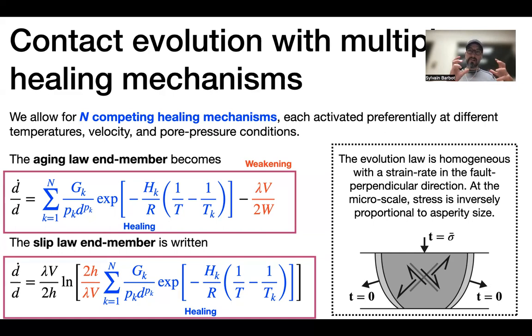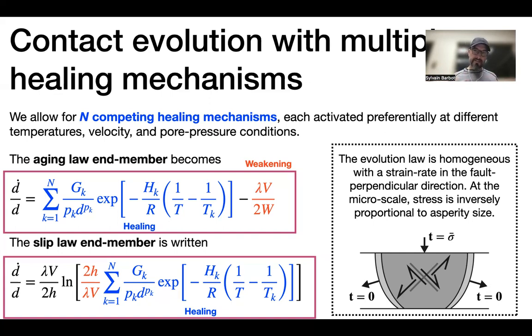So you have a strain rate that depends on the size of the asperity because size controls stress, and that is multiplied by an Arrhenius relationship with an activation energy H and a reference temperature T, or Tk, for the mechanism K. So in the aging law end member, all of these terms are additive, and in the slip law end member, all of these terms are multiplicative.